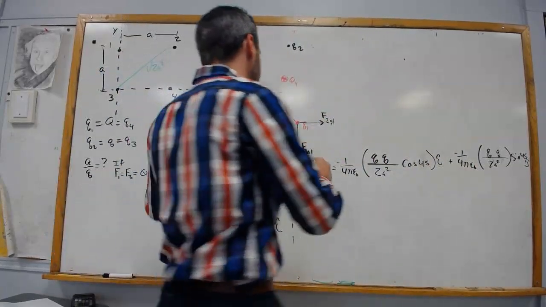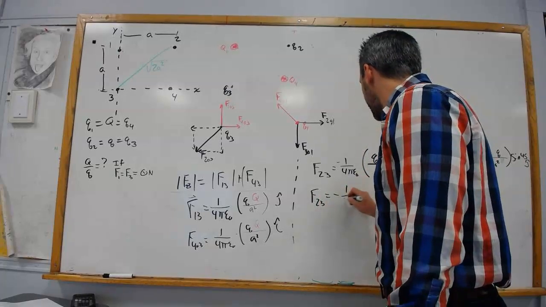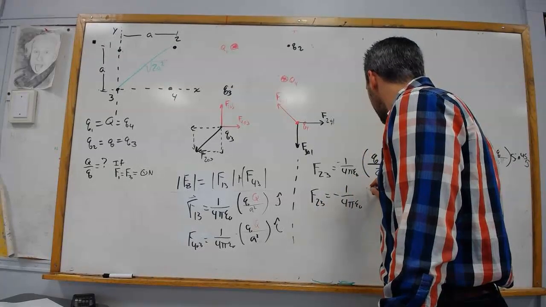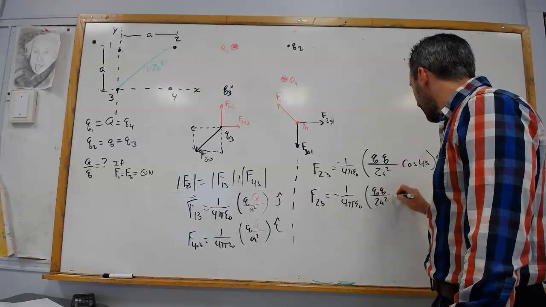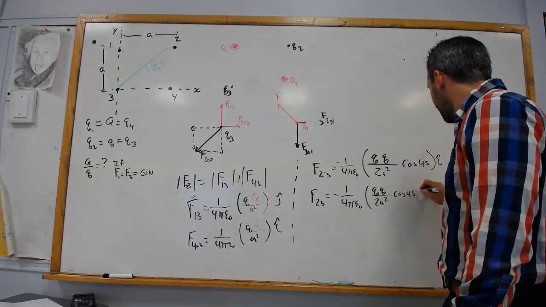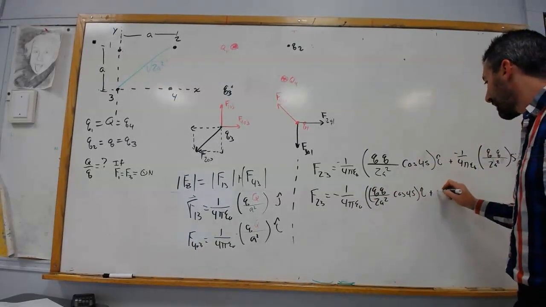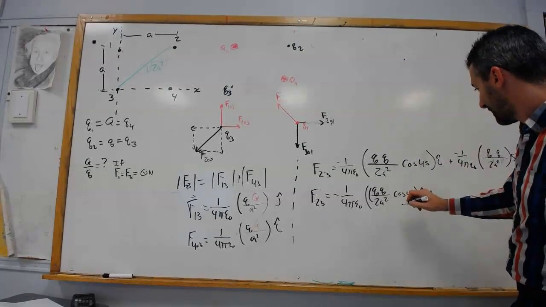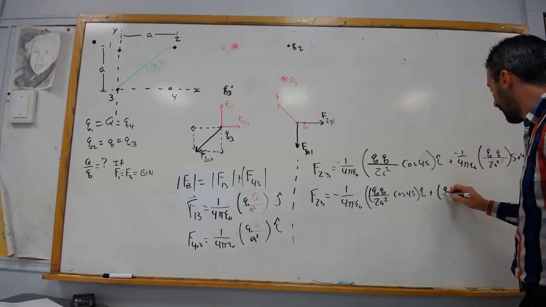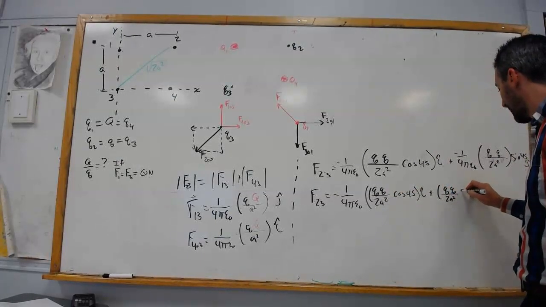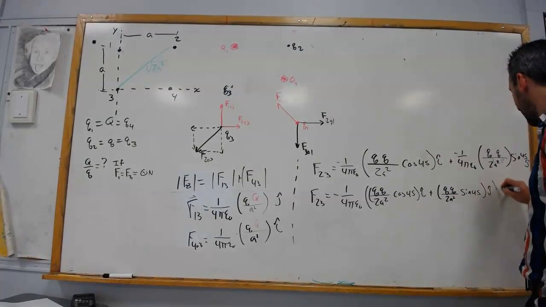You can see I've got a common factor. So I'm going to say F23, pull that out, negative 1 over 4 pi epsilon 0 times Q over 2a squared cosine 45 i hat plus Q over 2a squared sine 45 j hat.